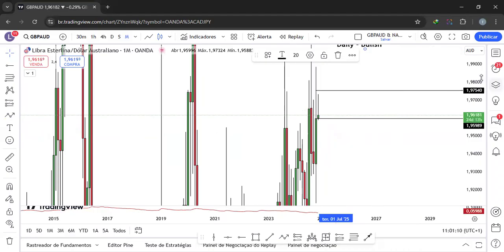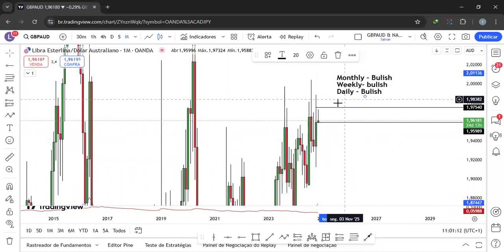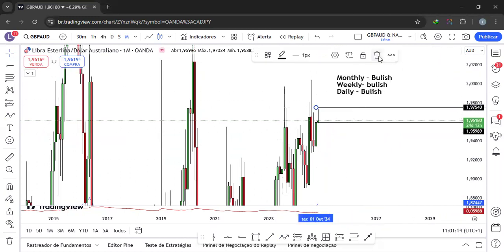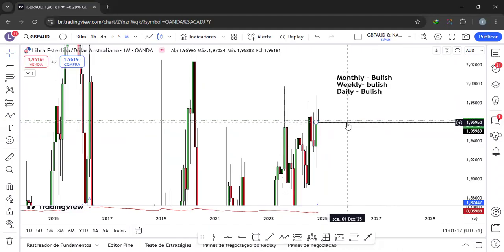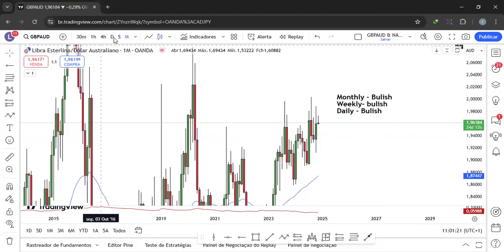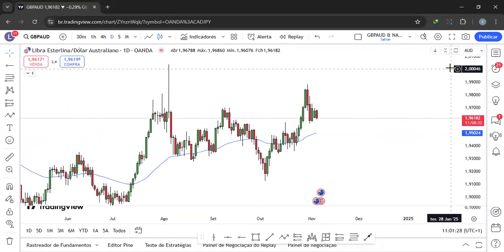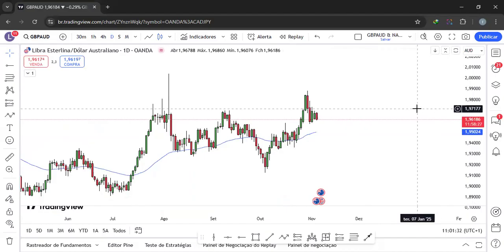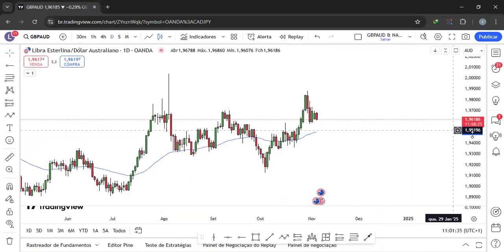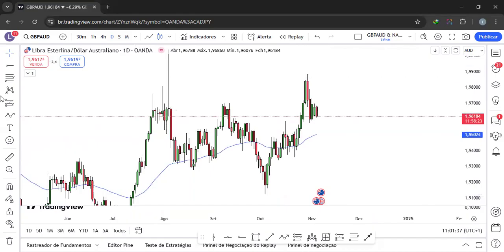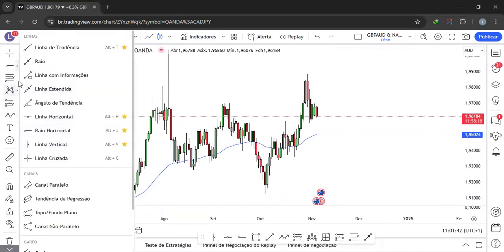We're going to draw not lines but zones, where we expect to see some reaction. I usually start from the daily time frame to draw these lines. We're going to see where there are more rejections when the market reaches the zone.